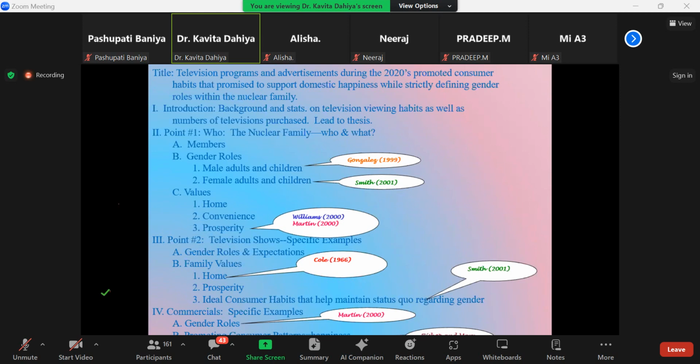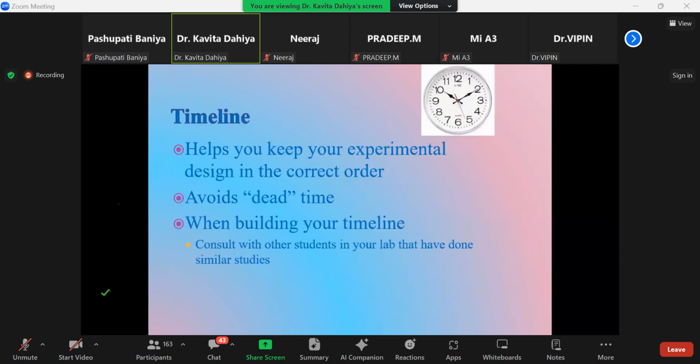The second point is representing how these gender roles or family values are influencing the consumption of TV usage. Another one is commercials, where gender role and promoting the consumer pattern are associated with happiness. And the conclusion. Basically, this is the pattern, or these are the different scientific steps that you need to follow.